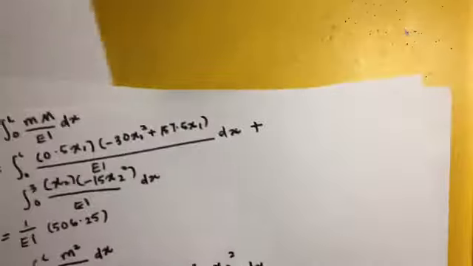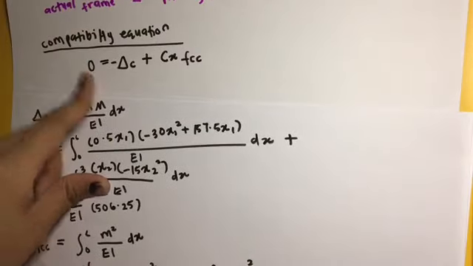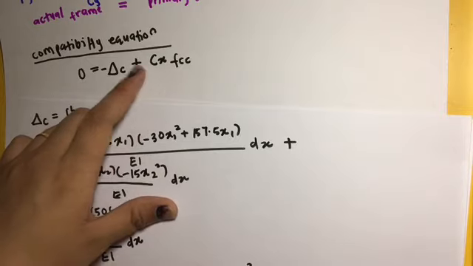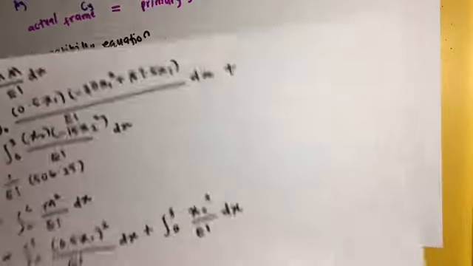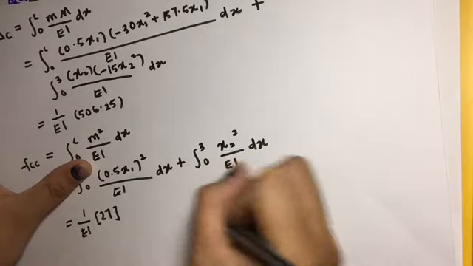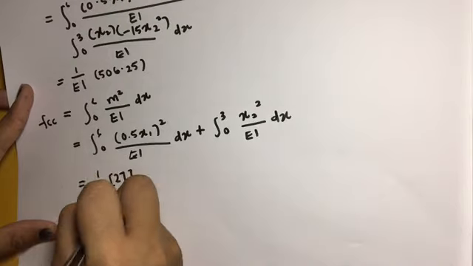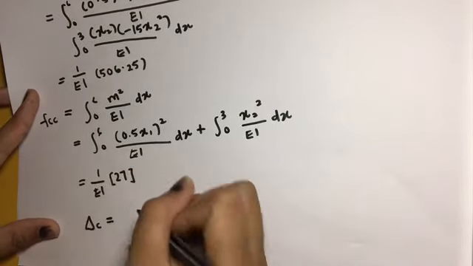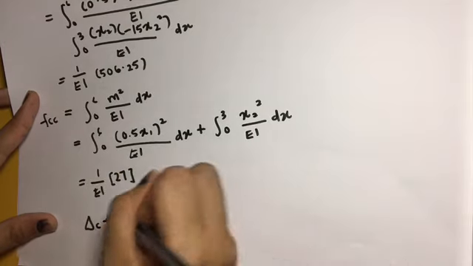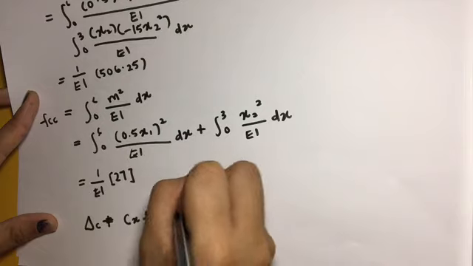So looking at our compatibility equation, we got this. So we are just going to substitute that. I'll just write down here. Delta C plus CX FCC equals to 0.